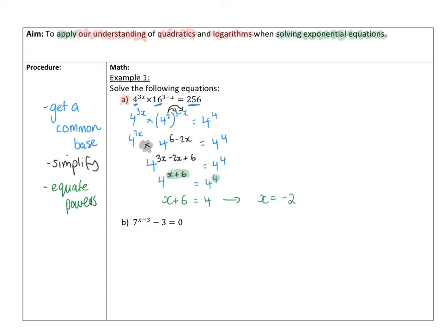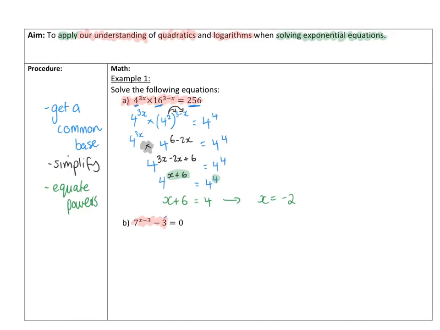Now, that's all well and good when we're looking at a question up here that can just be solved simply by index laws. But now we look at something with a 7 and a 3, and we notice that we cannot possibly get a common base. So these we might think of as solving by brute force.